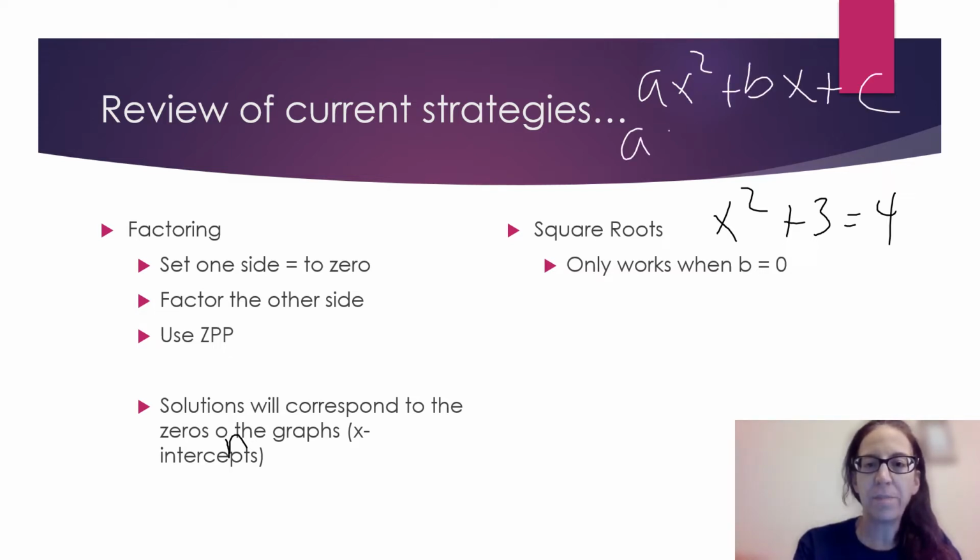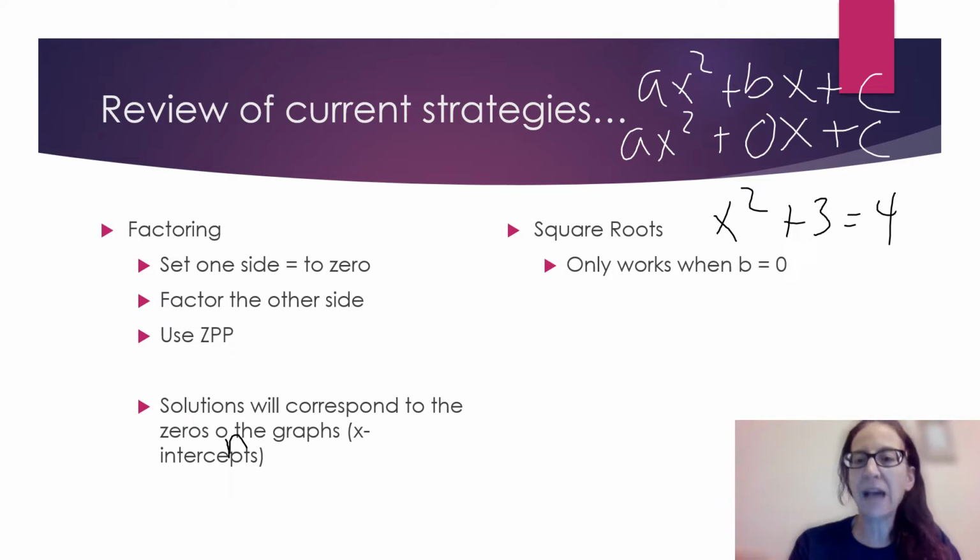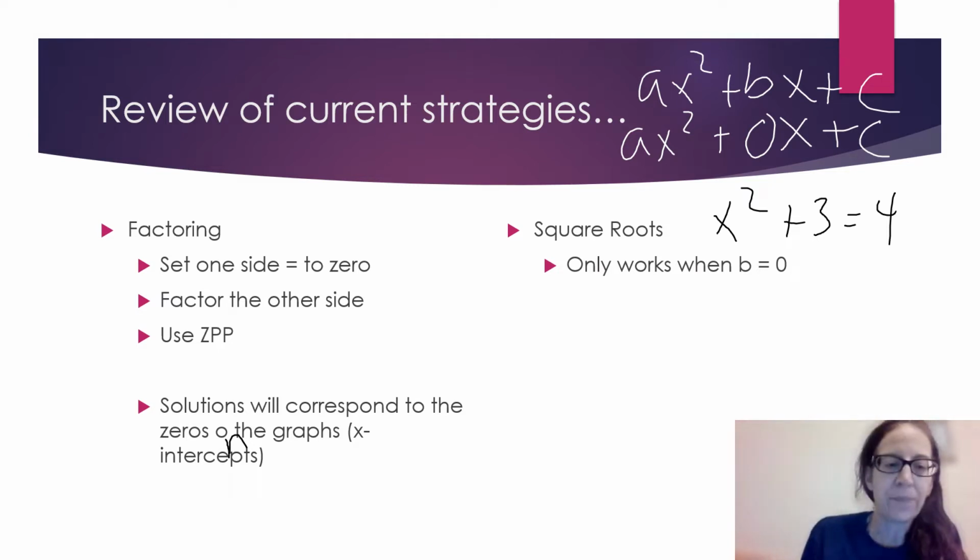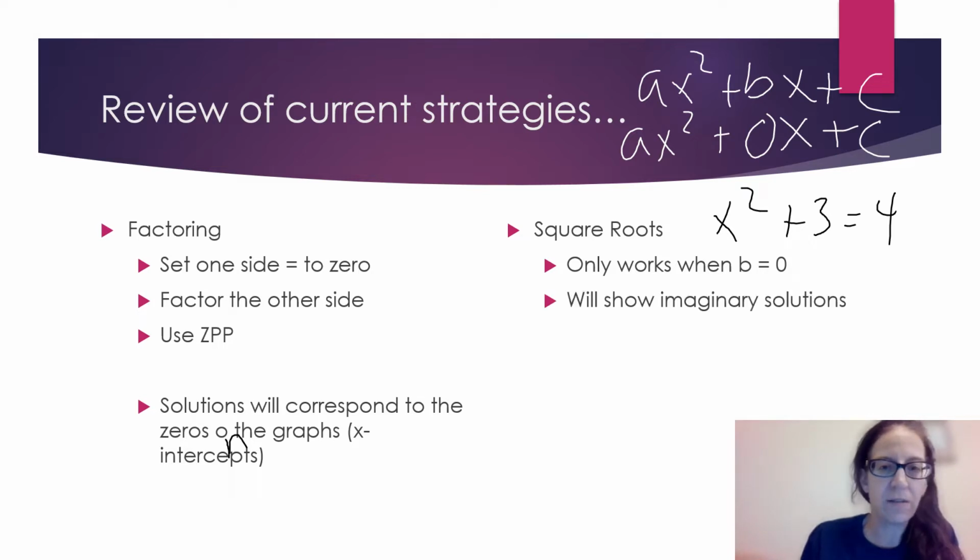If that b value is 0, well, 0 times x is just 0, and you're left with ax squared plus c, and you don't have that x term in there. So that's what we're referring to when we say that.